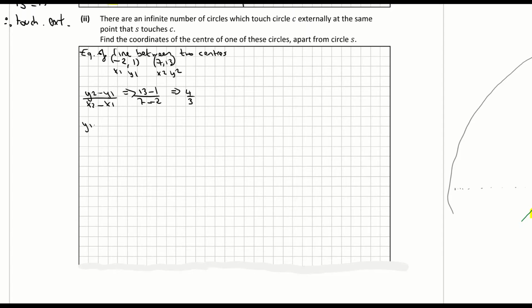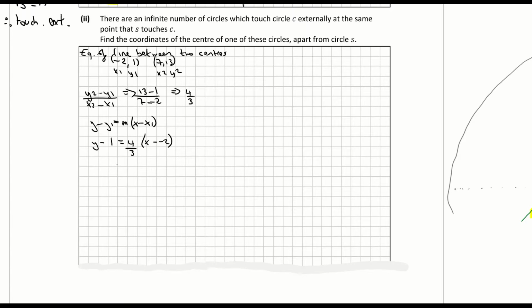So my y minus y1 equals m times x minus x1. And I can use either one of the 2 points as my x1 and y1. So I'm going to sub in the 1 as my y1, and I'm subbing in -2 as my x1.